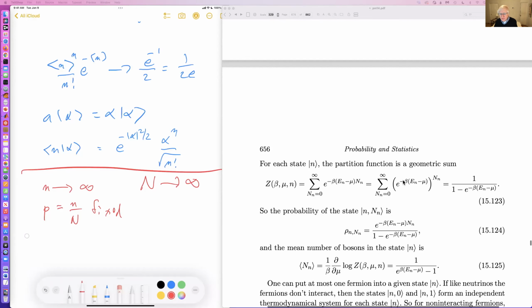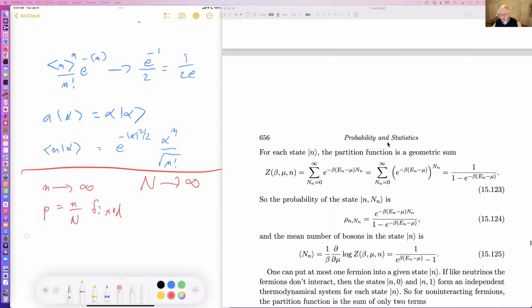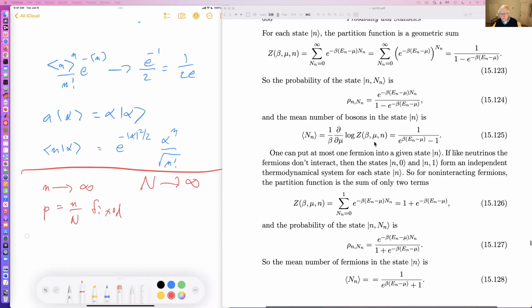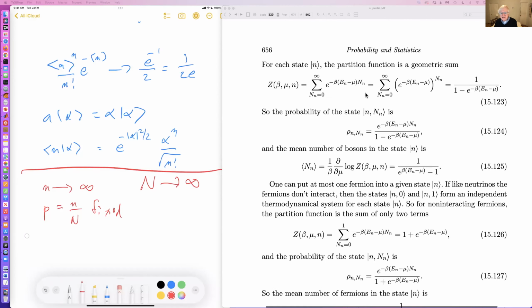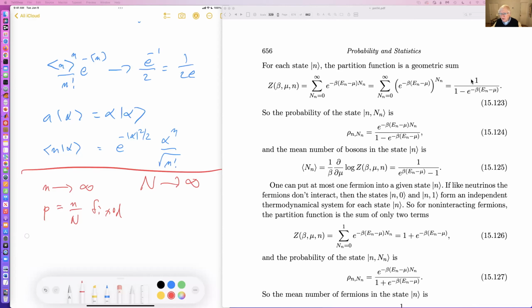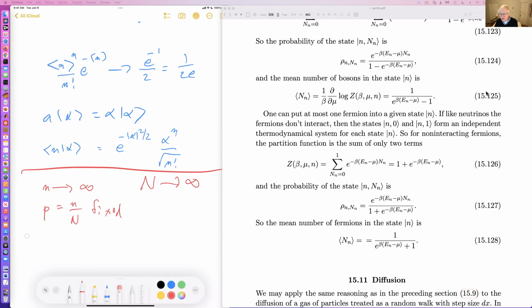And so you can compute something called the partition function, which is a sum of these expressions. Z here is then 1 over 1 minus e to the minus beta (En minus mu). And that's for bosons or fermions to get this.